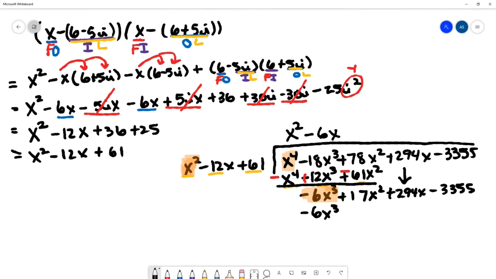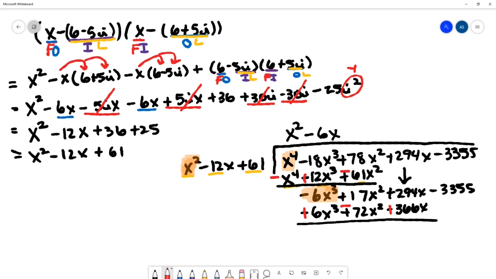Negative 6x times negative 12, that's going to be a plus 72x squared. And I don't know in my head what 61 times 6 is. 366, so that's going to be a negative 366x. I need to change the signs. This becomes plus minus plus.